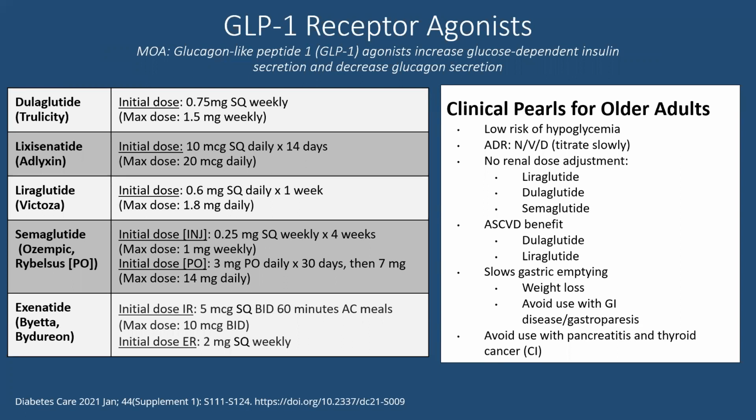You don't have to renally adjust if you're using liraglutide, dulaglutide, and semaglutide. Some of them have ASCVD benefit, because the studies were done in those drugs. And the reason they cause weight loss is because they slow gastric emptying. And so the main precaution for them is to avoid them in the history of pancreatitis and thyroid cancer.